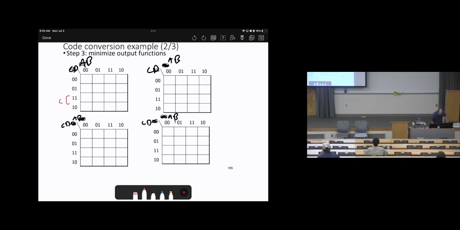Here is C, here is D, here is A, here is B. A, B, C, D, and so on for each map.